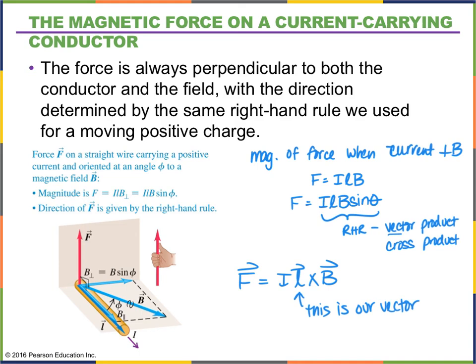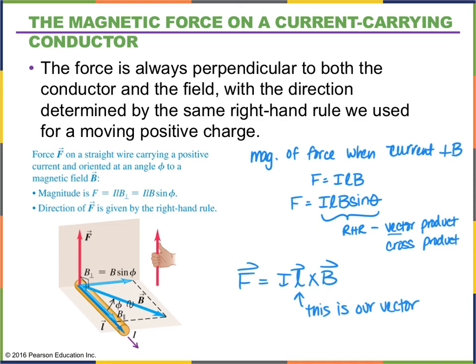You might have expected that the current would be the vector because it definitely has a direction in the way it flows. But up until now, when we dealt with current, we treated it like a scalar, and we're not going to change in the middle of the game.